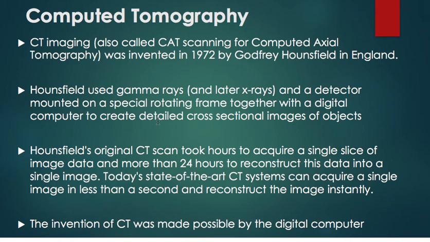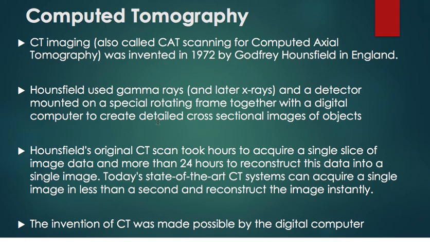So in the early 1970s, when he first invented CT, one scan took hours to acquire a single slice. One scan. And then it took over 24 hours to reconstruct this data into a single image. That's a long time. So the patients had to wait a long time. We use CT a lot for stroke protocols now, and the biggest thing with stroke protocols is we need that diagnosis fast.